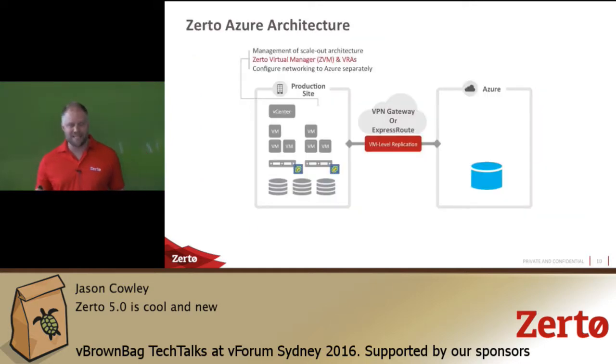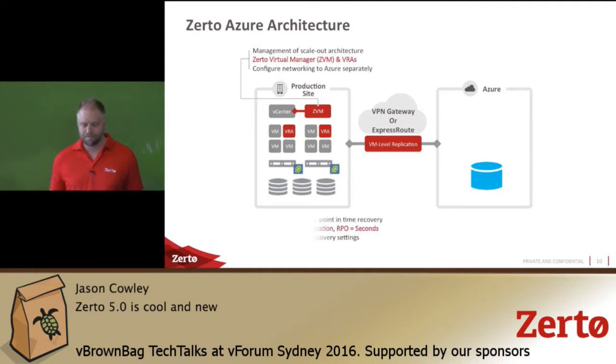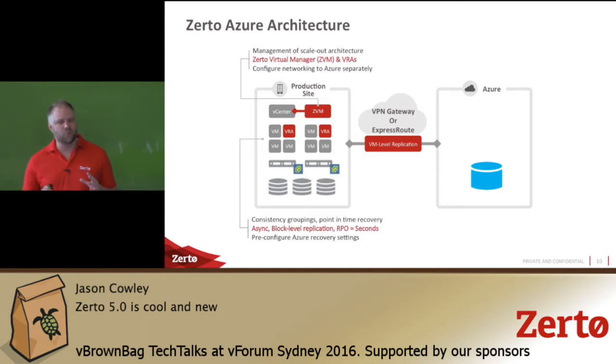So probably the second biggest feature that we have coming out in version 5 is our support for migration up to Microsoft Azure. So from an architectural standpoint, at the production side, we don't really change a whole lot. Currently we have our ZVM, which is our management console, and our VRAs that run on your ESX hosts or on your Hyper-V hosts, and they basically move your data around.